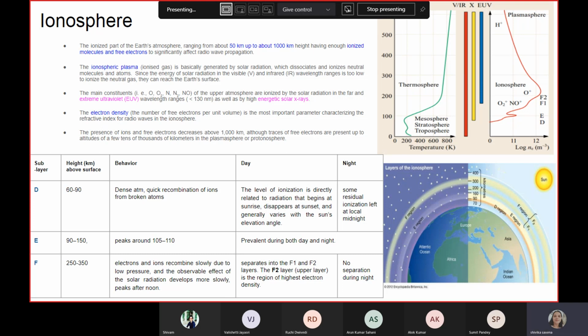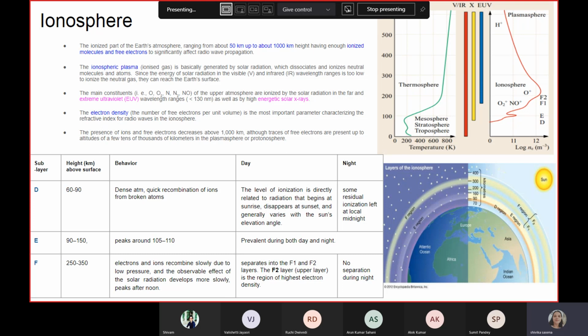After the F2 region, as we go even higher in the atmosphere, towards the exosphere, this electron density further decreases. Exosphere means the end of the atmosphere. This is because the presence of ions and free electrons decreases above 1000 kilometers, and traces of free electrons are present up to altitudes of a few tens of thousands of kilometers in the plasmasphere or protonosphere.